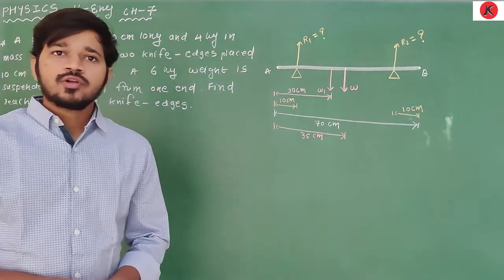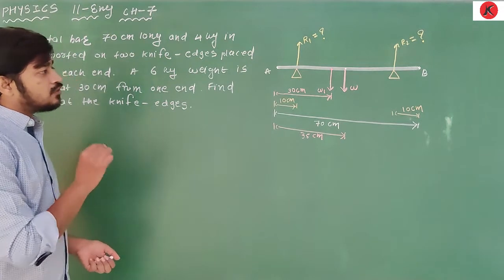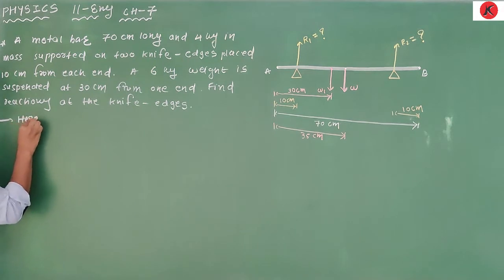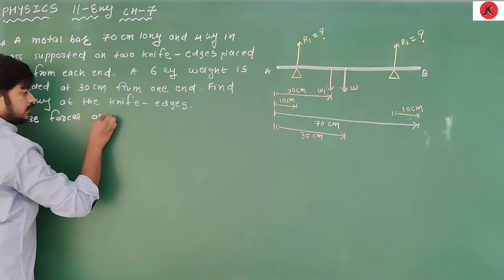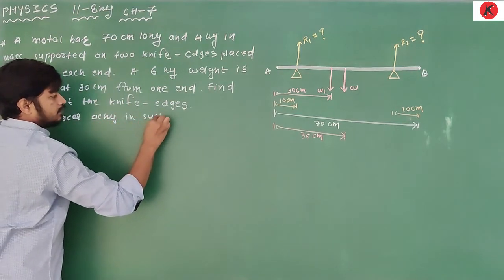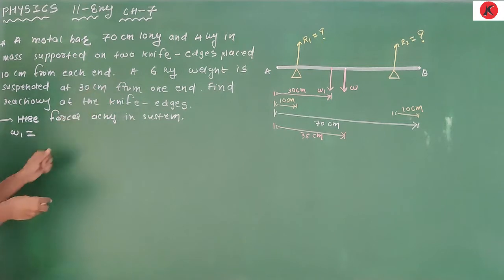Any doubt? Okay. So first of all, you have to understand the figure and the number of forces acting. First, I will write each and every force in detail. Forces acting in the system. First of all, W1 is equal to, see, a 6 kg weight.